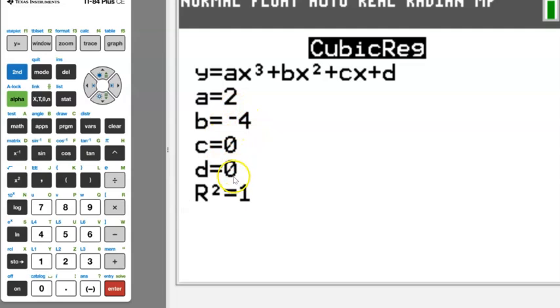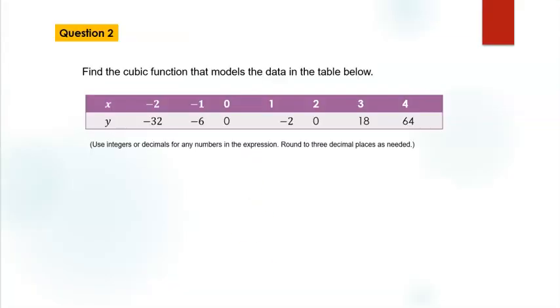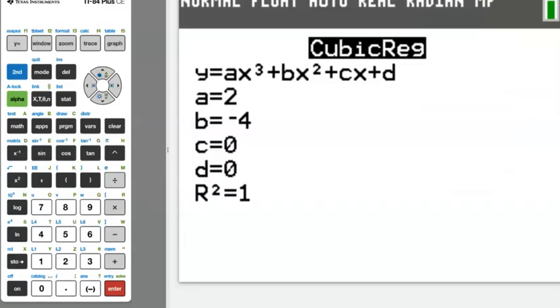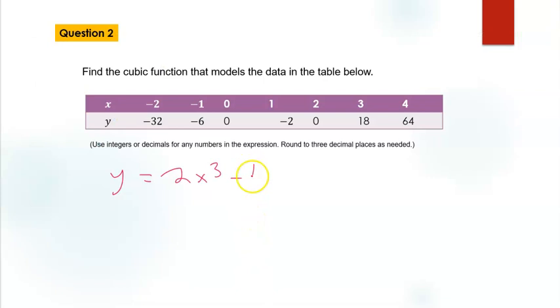So everything else is 0. So we are just going to have our function, which will be y equals 2x cubed minus 4x squared.